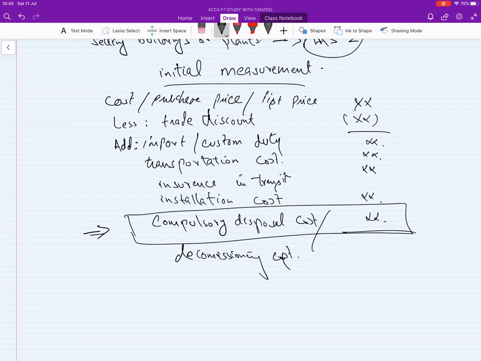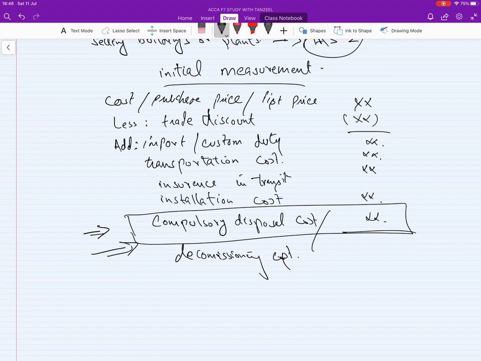After 20 years you can expect there will be no oil in this area, so you need to dismantle all the plant. This cost will be included in this.